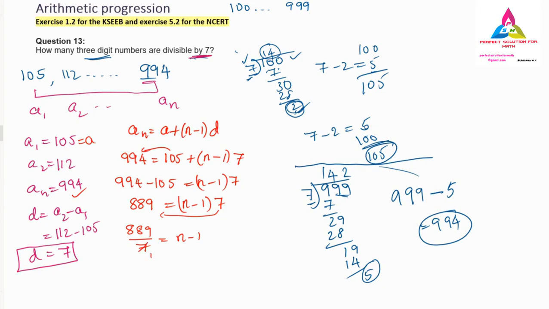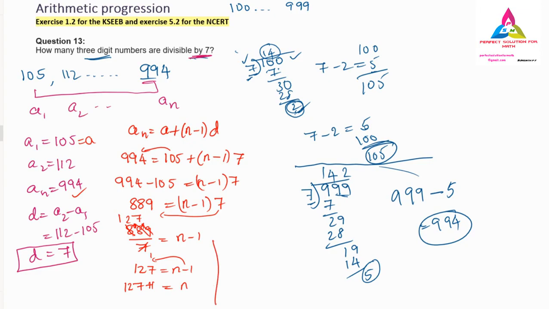So what is 889 divided by 7? If you calculate, 7 ones are 7, 1 is left, so 18. 7 twos are 14, so again 4 will remain. 7 sevens are 49, so 127 is equal to n minus 1. We keep n as it is and shift this minus 1, and it becomes plus 1.